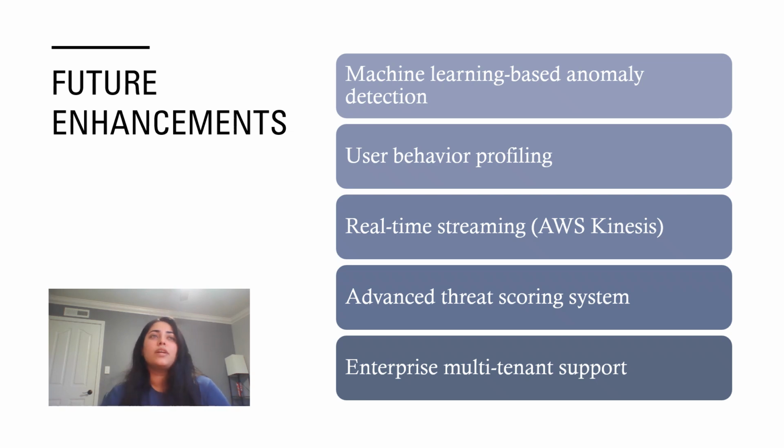I would also like to acknowledge that for the end-to-end workflow we built for this insider threat detection project, Amazon already does a lot of it and provides it as a service. For example, GuardDuty does ML-based threat detection, Amazon Detective handles event correlation and investigations, and Security Hub aggregates findings across all the tools and services that AWS provides.